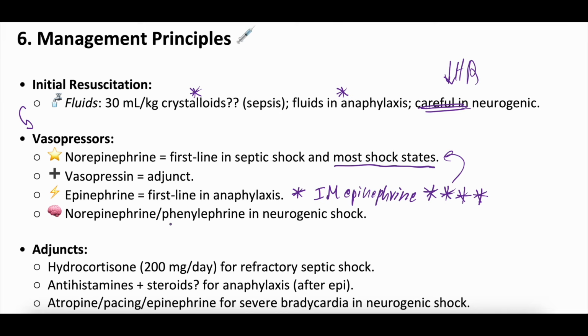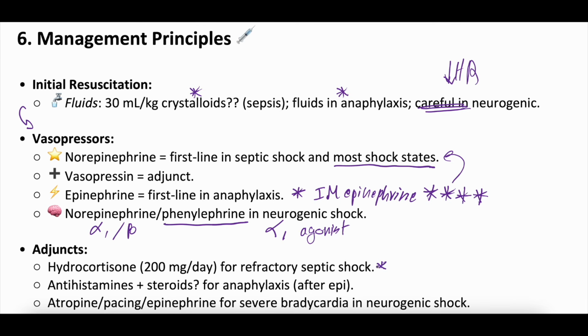And in neurogenic shock, some people like phenylephrine. Phenylephrine is an alpha-1 agonist, so it just vasoconstricts, whereas norepinephrine has alpha-1 effects but also has beta effects, so it vasoconstricts but can also increase contractility a little bit. But norepinephrine, again, is first line in most shock states, other than anaphylaxis, where you really need epinephrine. And then there are some adjuncts that people talk about, right?